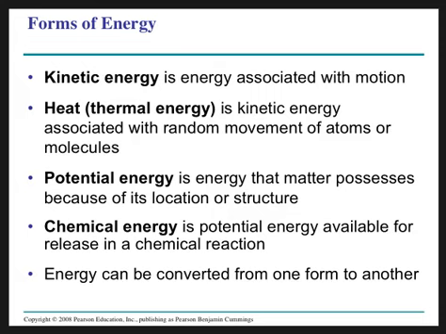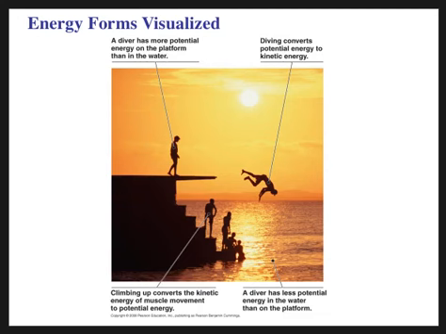But remember that we can convert energy from one form to another. I can have potential energy that gets converted into kinetic energy. Kinetic energy can go through motion and then become potential energy again. And that's what this actually demonstrates for you.